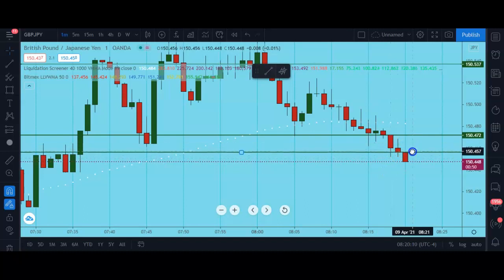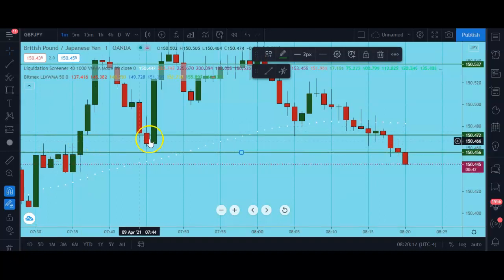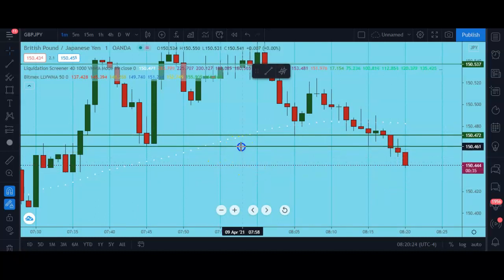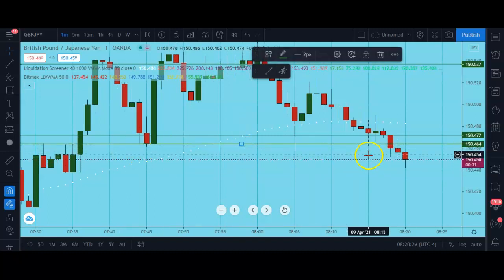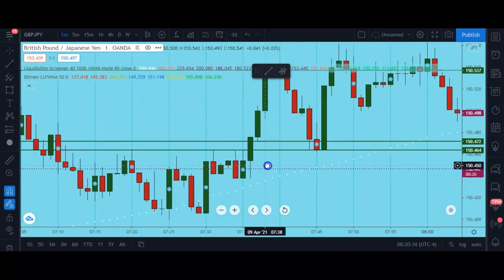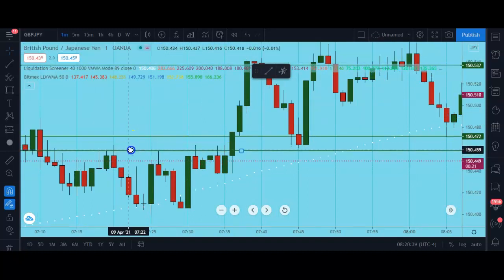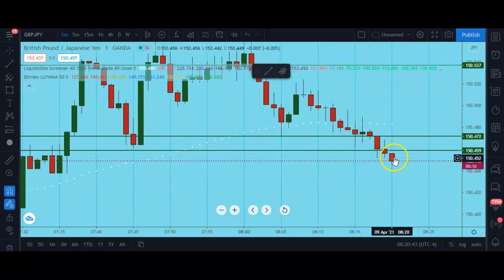Okay, this candle closed here, and it closed below support again, so we're selling down. Remember, support is right here. That's support, and the next support and resistance is right here, and that candle closed below it, so we're still selling.